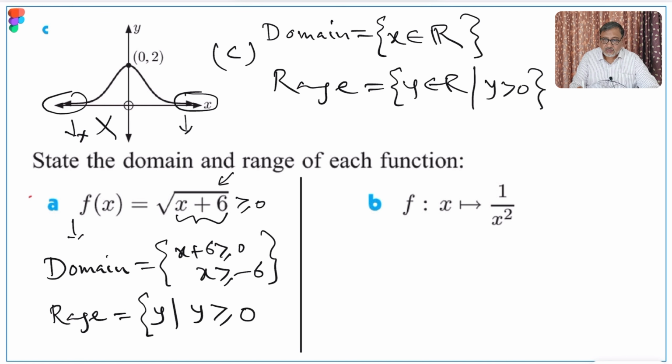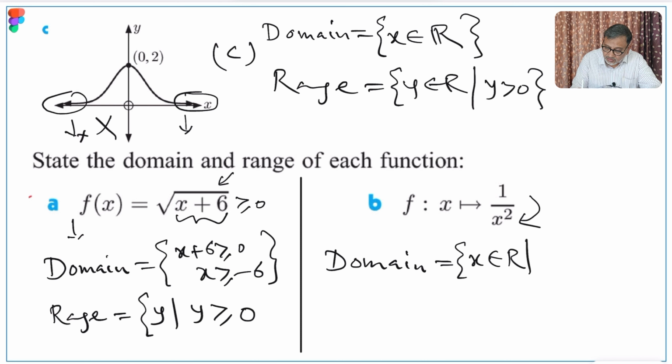Now the next question, 1 by x squared. So x cannot take the value 0, and for the range the total answer y cannot be below 0 or even 0, okay? So the domain is x belongs to R such that x can take any value except 0.